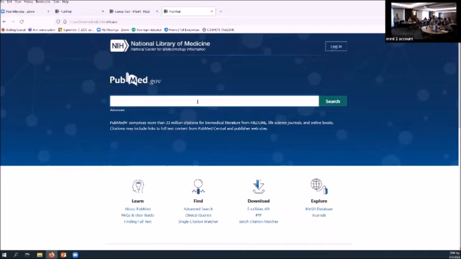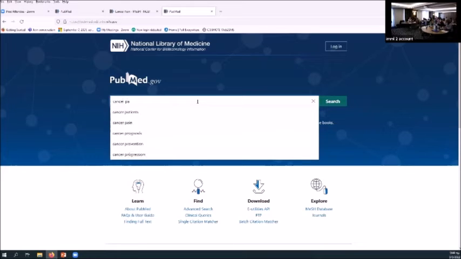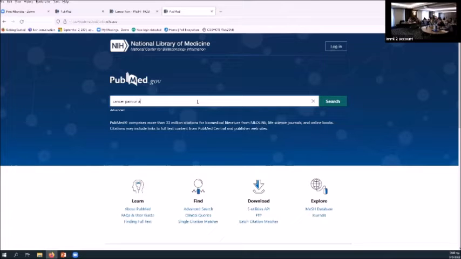Okay, so we succeeded to get on the database. Make the search and show the results. Cancer pain, and first we want to see what happens with or, analgesics.